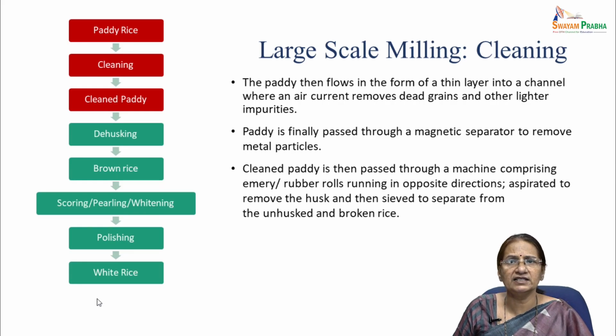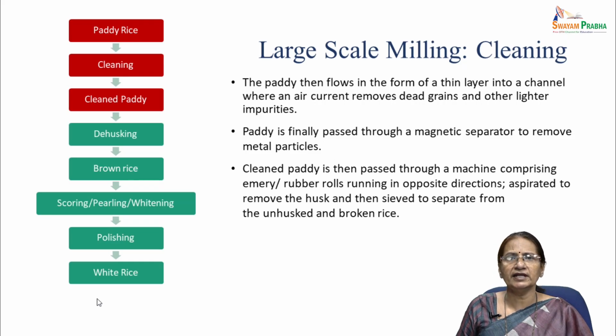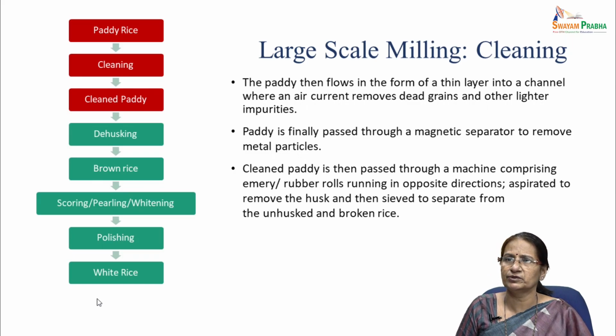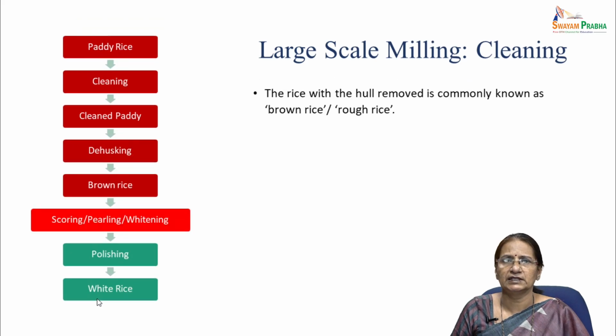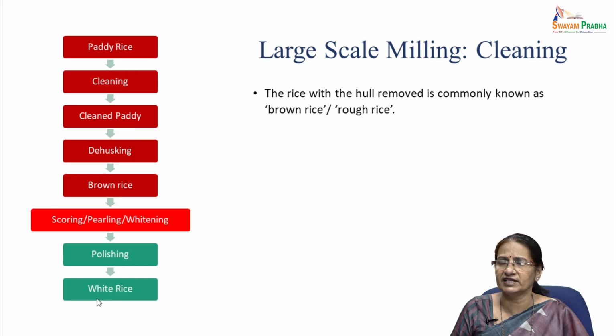Cleaned paddy is then passed through a machine comprising emery or rubber rolls running in opposite directions, aspirated to remove the husk, and then sieved to separate from the unhusked and broken rice. The rice with the hull removed is commonly known as brown rice or rough rice.